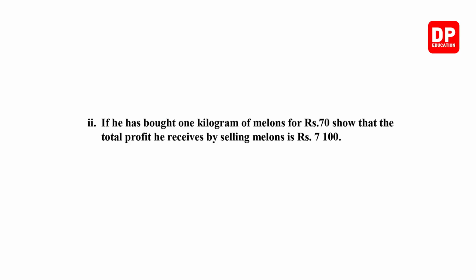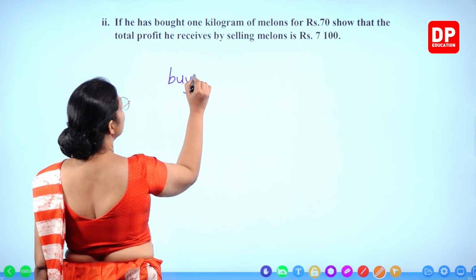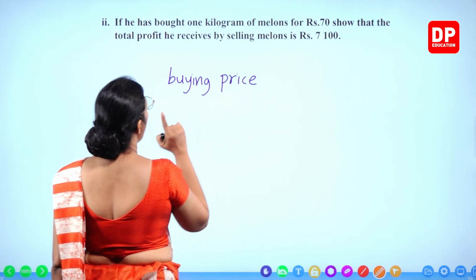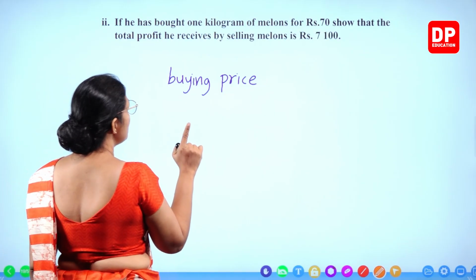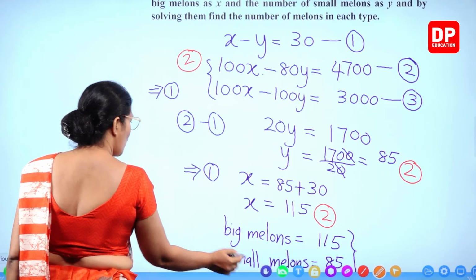If he has bought 1 kilogram of melons for 70 rupees, show that the total profit he received by selling melons is 7,100. So what is the buying price? One kilo is 70 rupees.